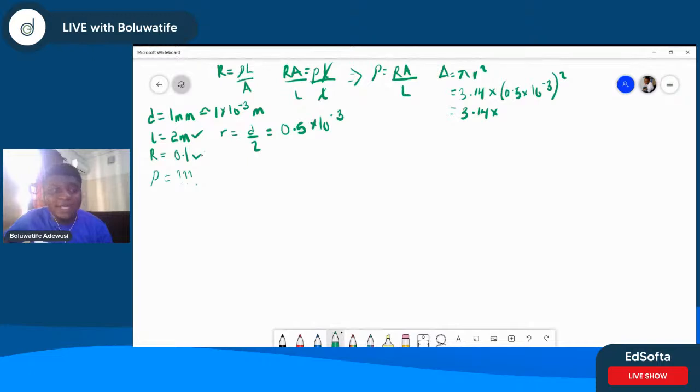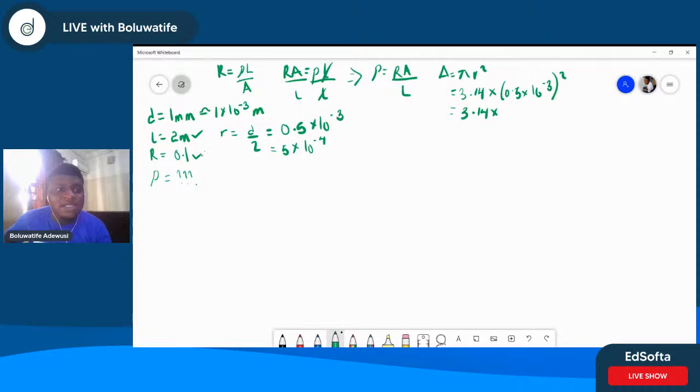So to make it easier on me, I can write this 0.5 times 10 to the power minus 3 as 5 times 10 raised to the power minus 4. And how did I do that? If I want to move this decimal place backwards, I am subtracting 1 from the power. Do you understand?